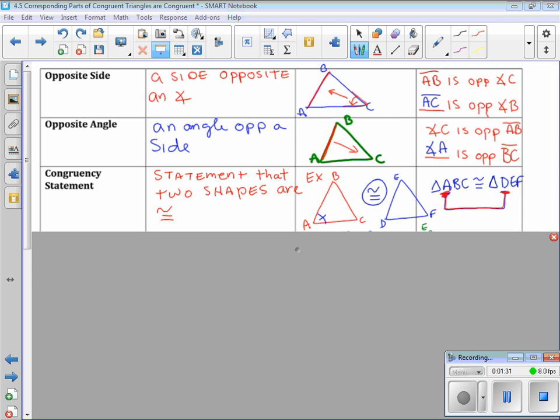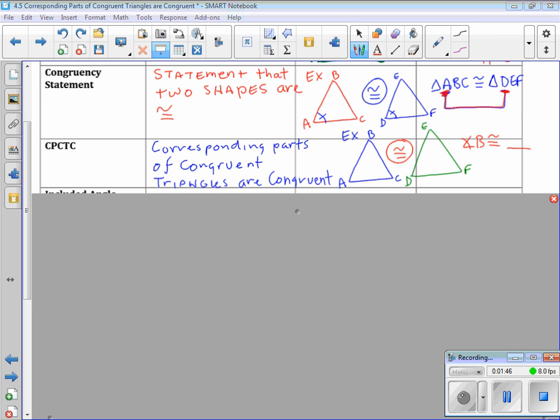So I could mark them congruent. Now I wouldn't just mark them congruent because one's at the bottom left and one's at the bottom left on the other one. It would be coming from that congruent statement. That congruent statement tells me which angles match up. It's very important. We'll get some practice with that today.